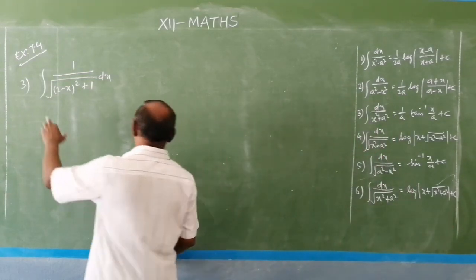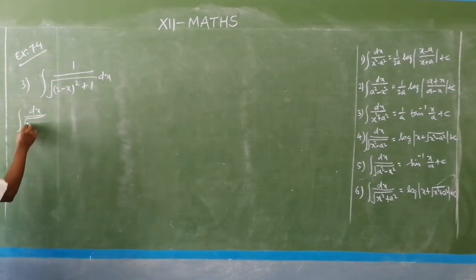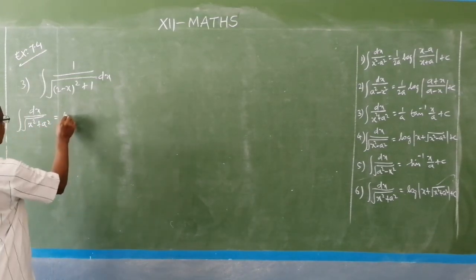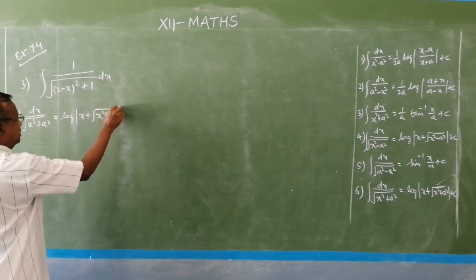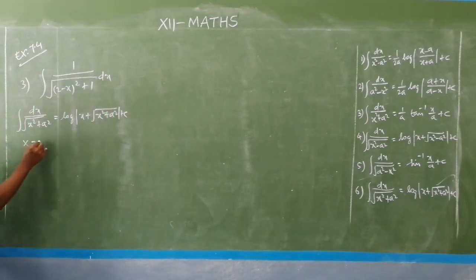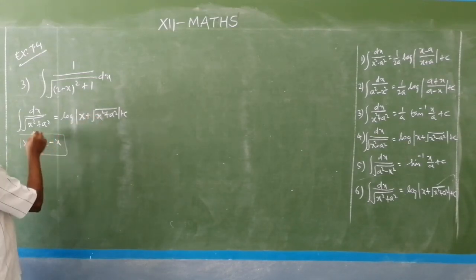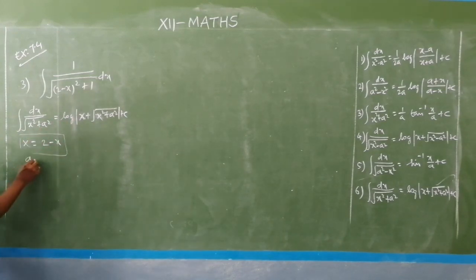So write the formula first: integral dx divided by root of x square plus a square equals log of modulus of x plus root of x square plus a square plus c. Here take X equal to 2 minus x, consider this capital X as 2 minus x, and a equal to 1.